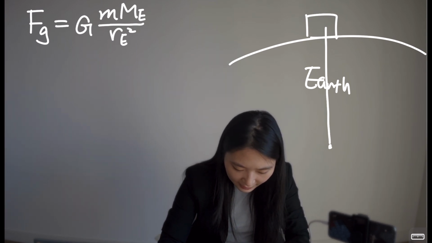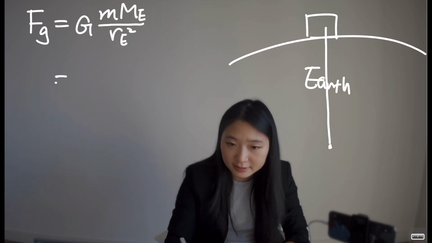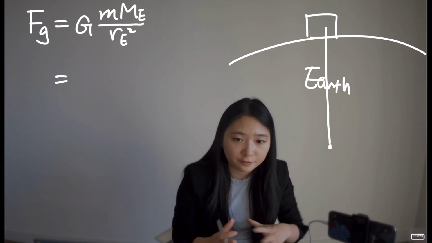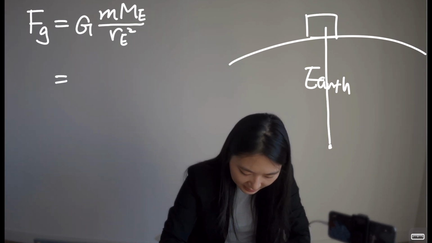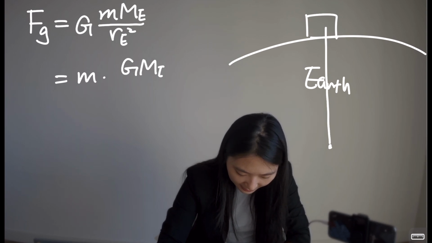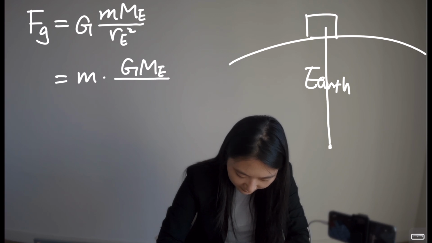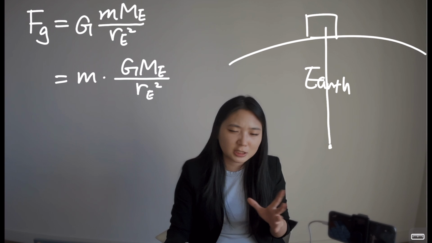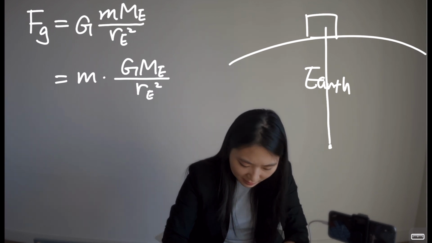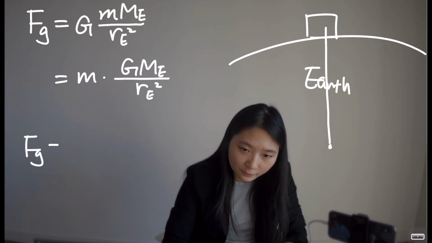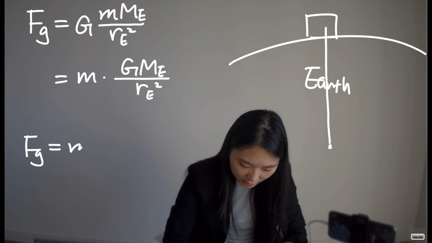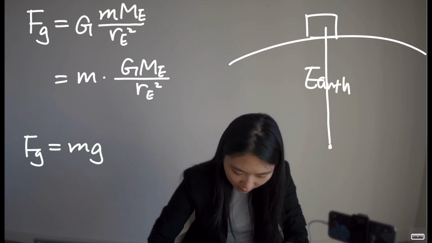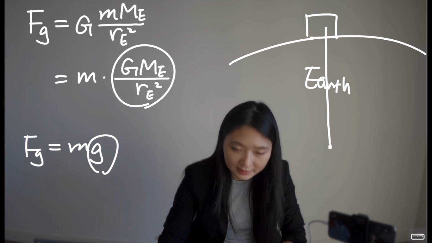Then I separate m, the mass of the object, from all the other variables. It becomes m multiplied by the gravitational constant multiplied by the mass of the Earth divided by the radius of the Earth squared. This formula looks pretty familiar. Remember that the gravitational force formula is Fg equals mg. So these two parts are exactly the same.